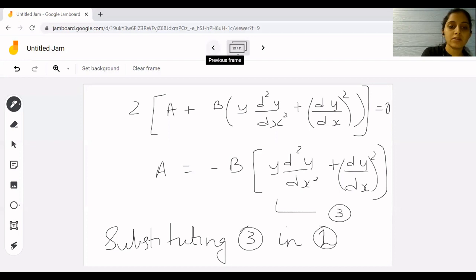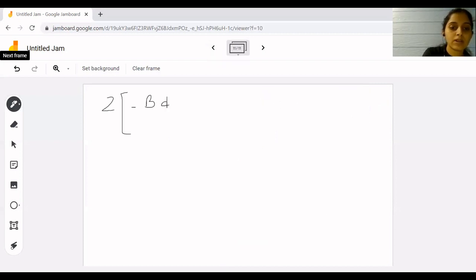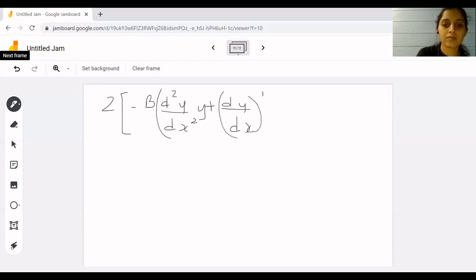Minus b d2y by dx square plus dy by dx the whole square, okay, into 2ax, okay, plus 2by dy by dx equal to 0.